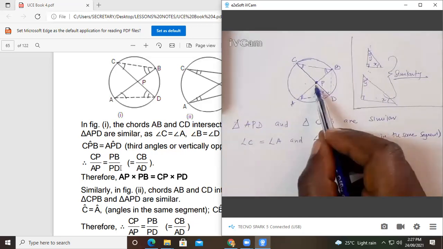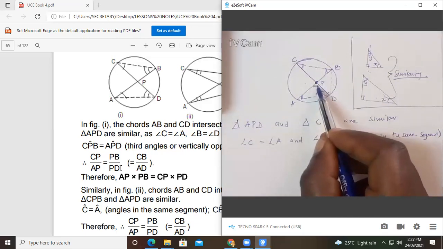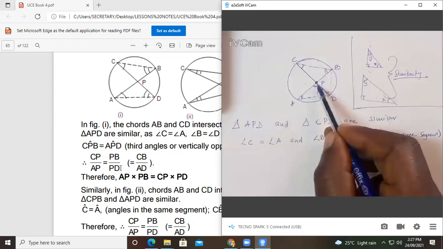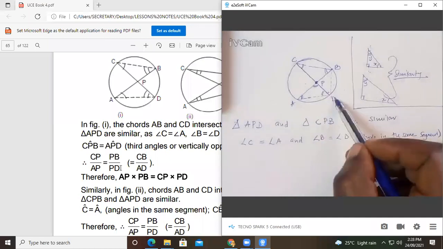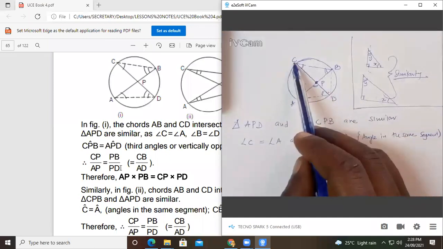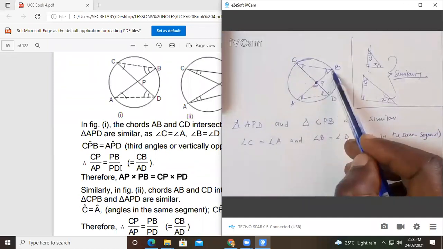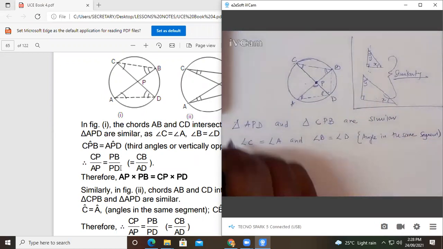This angle which is here, how have they called it? This angle is APD. So APD is equal to the angle CPB. I think you can see this.